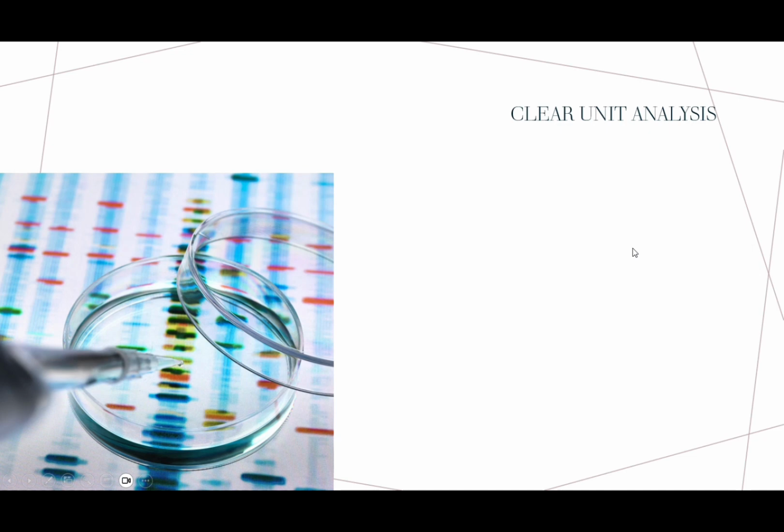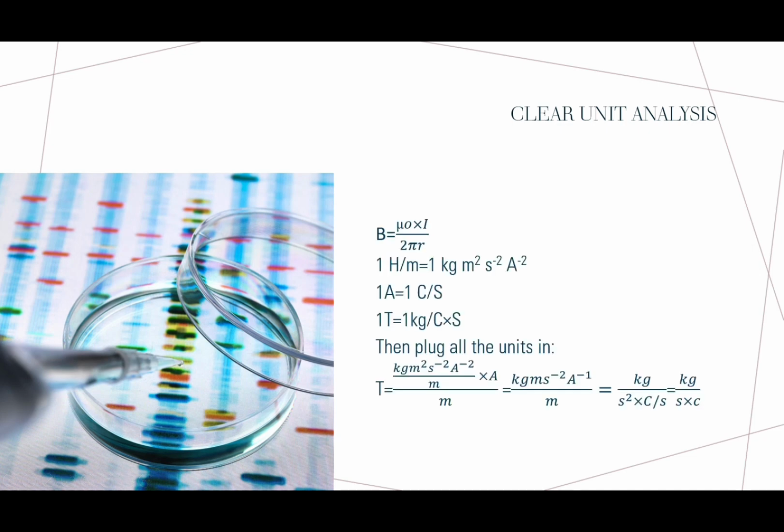So now we're going to do our unit analysis. Since this formula, we know the unit for mu 0 is 1 H per meter, and the base unit for H per meter is 1 kilogram meter squared per second squared per amp squared.